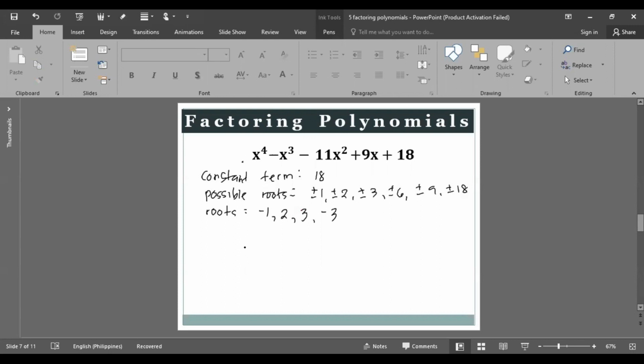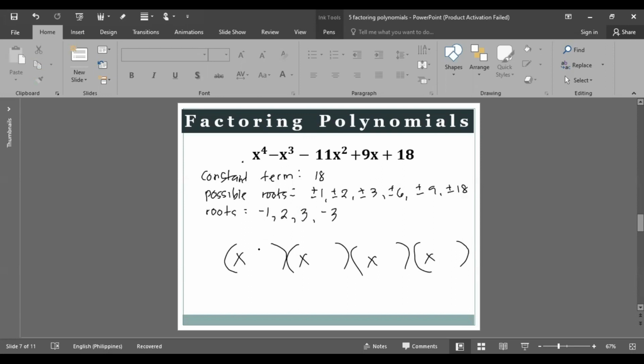So, since the degree here is 4, we'll write also 4 parentheses. So we write x as the first terms of these expressions. Then we have -1 as the first root.